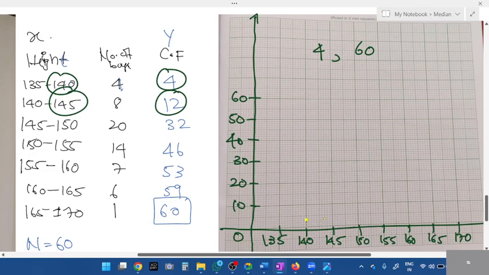Next, 145 and 12. After 10, 2 lines. 12. 150, 32. After 32, lines. 155 and 46. After 45, 1 line. 46. 160 and 53. 165, 59. For 170, it is 60. The last one. So 135 starts from 0. Plot the line like this.